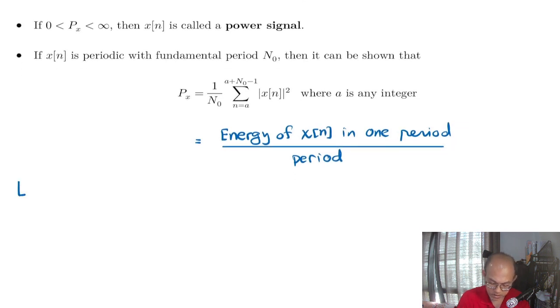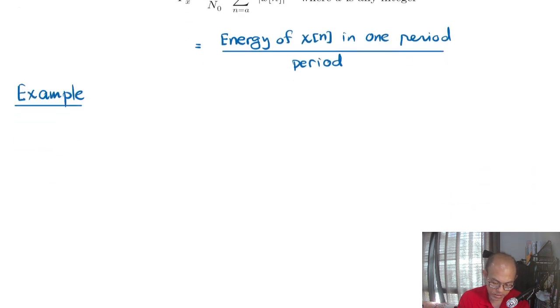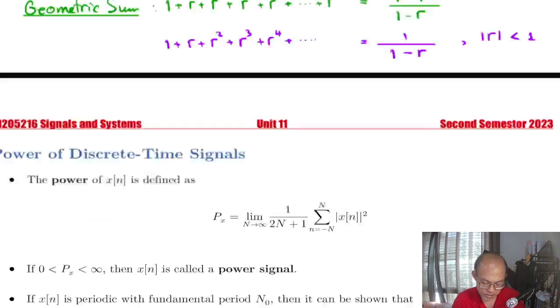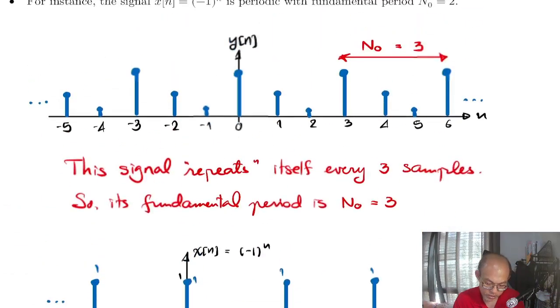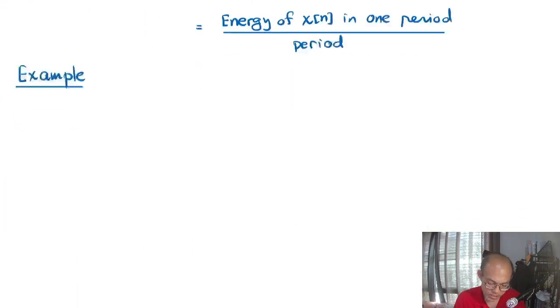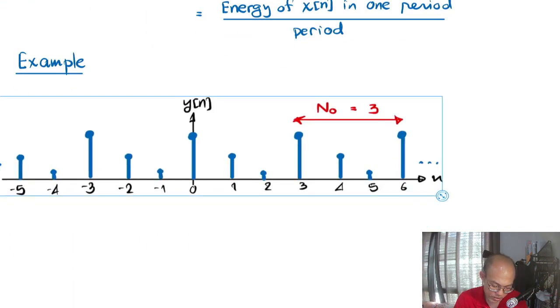Now, an example. I think I wrote it down somewhere here. I'm going to use this one to find the power, because I don't want to waste time drawing another.